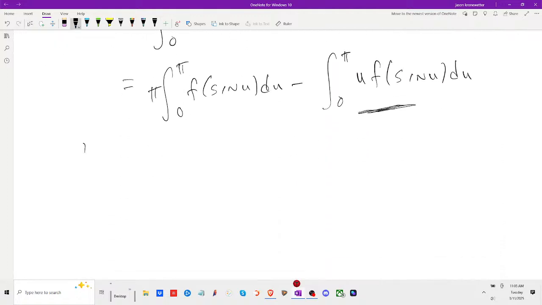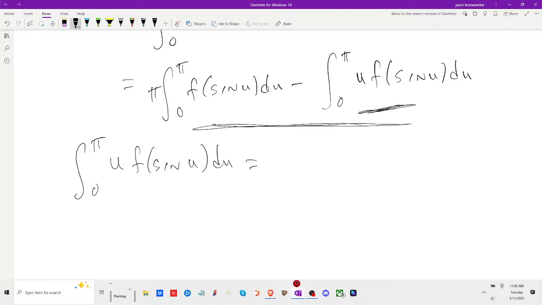It's going to take a second, but what we've arrived at is that the integral from 0 to pi of u f of sine u du, that was the original thing we started with, is equal to this stuff right here. It's equal to pi times the integral from 0 to pi of f of sine u du, minus the integral from 0 to pi of u f of sine u du.